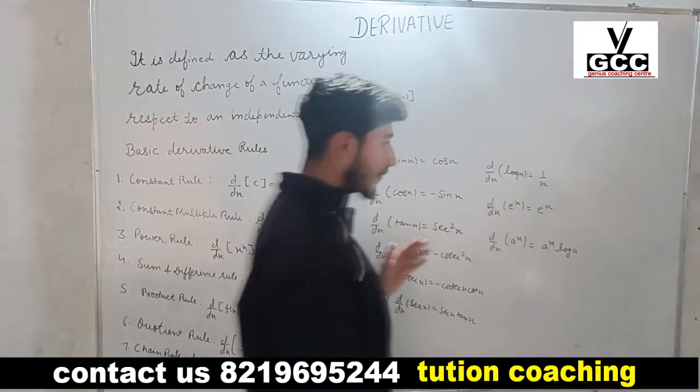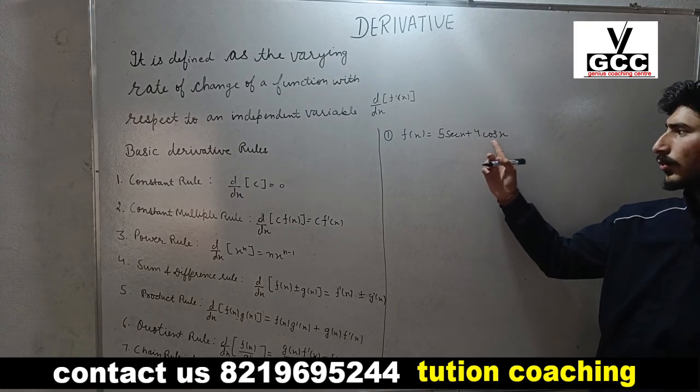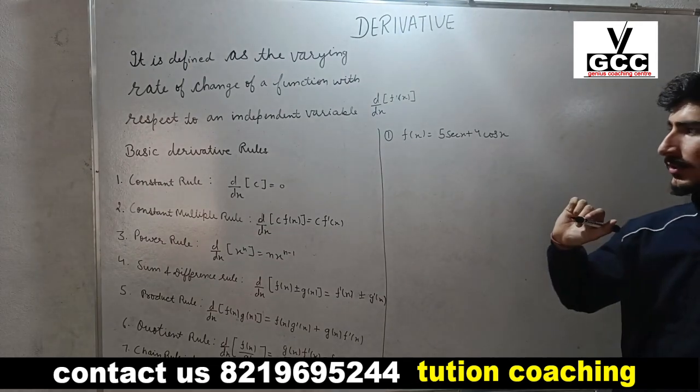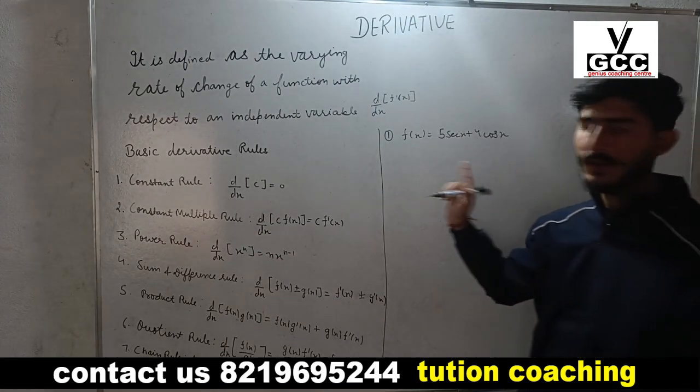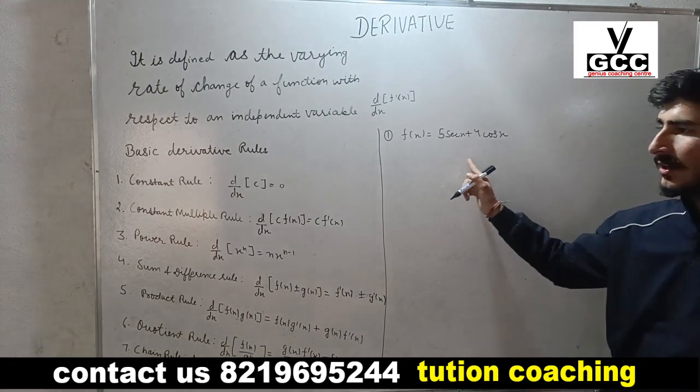Now consider an example: f of x is equal to 5 secant x plus 4 cos x. We have to find the derivative of the given function.